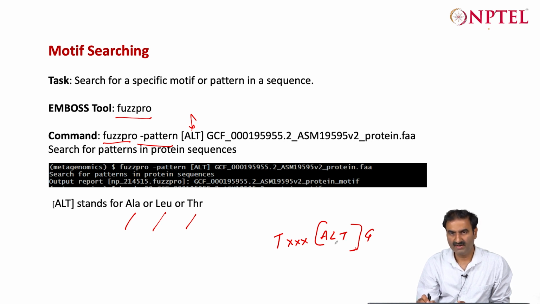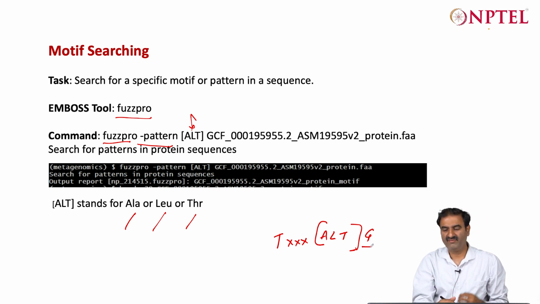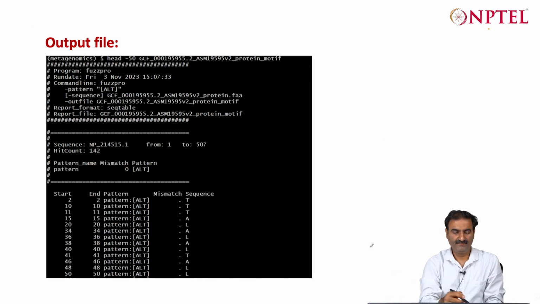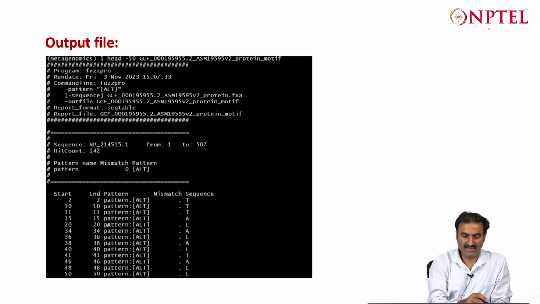You can write three or more, four or five, anything, based on the real situation, on what is actually found in the motif. And the last amino acid is G. You can make such motifs and it will search your sequence and give you wherever this is occurring in the sequence.